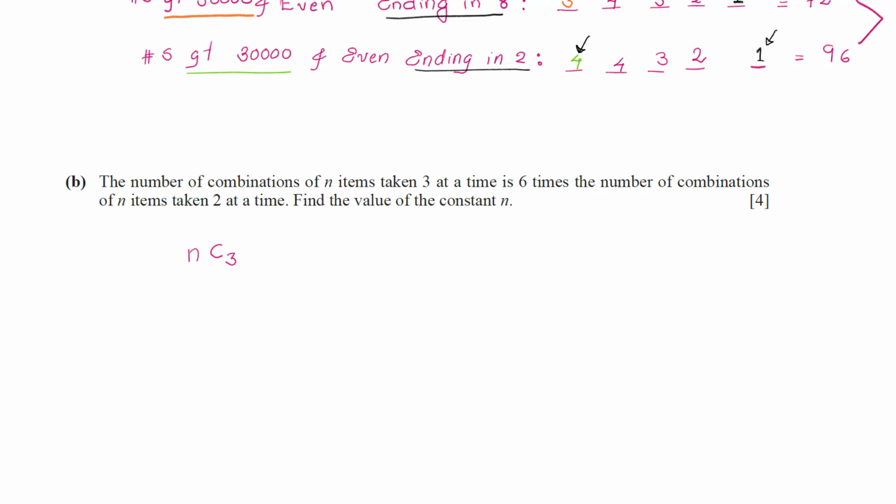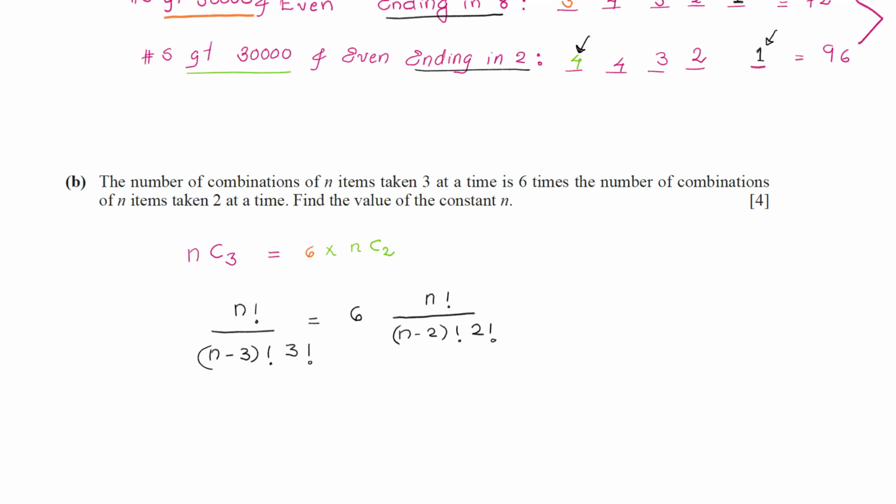So this is 6 times nC2. The formula for nCr is n factorial divided by (n minus 3) factorial multiplied by 3 factorial. That is equated with 6 times n factorial divided by (n minus 2) factorial and 2 factorial.